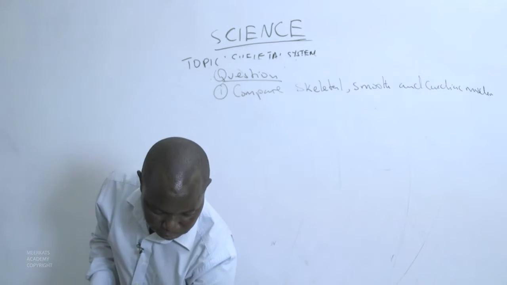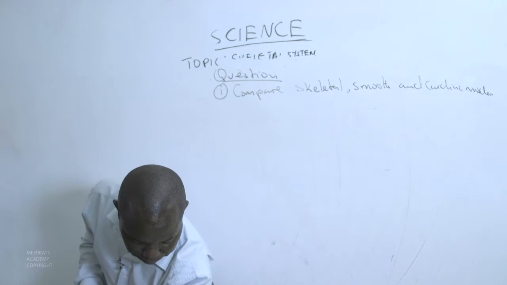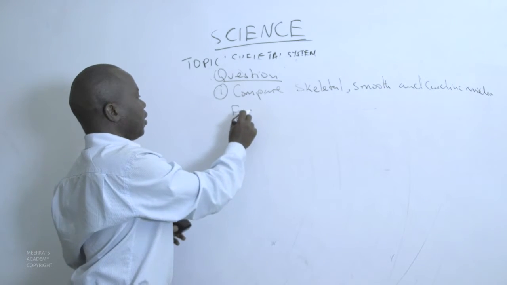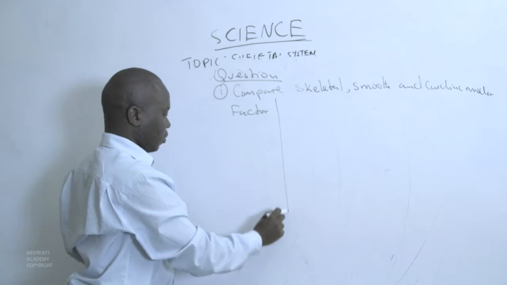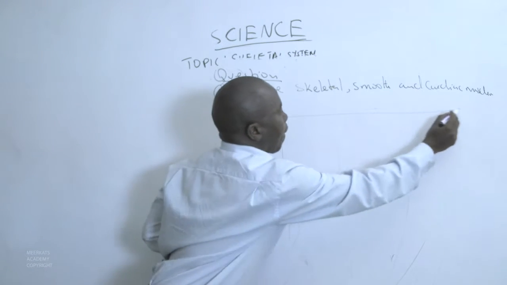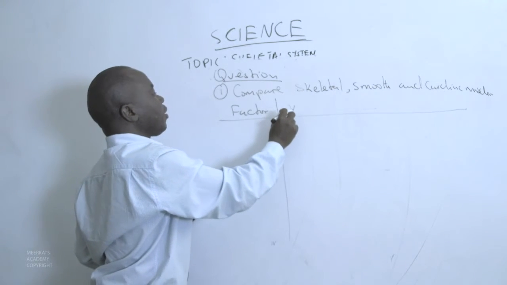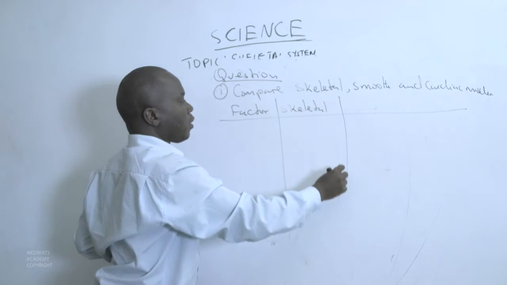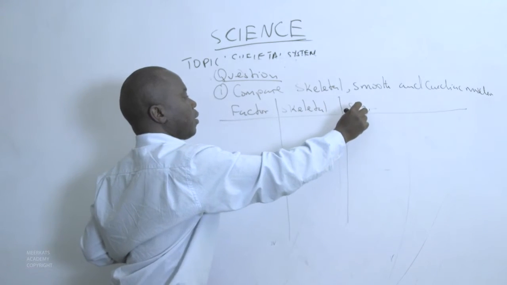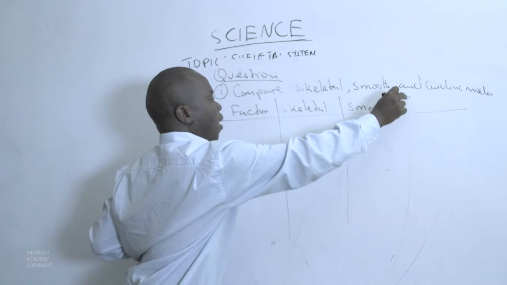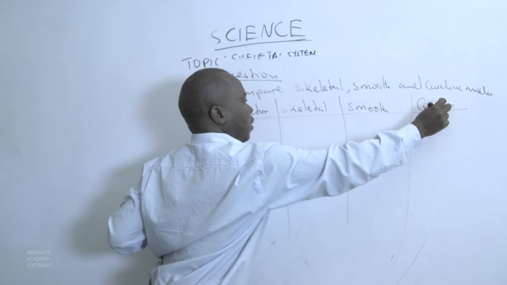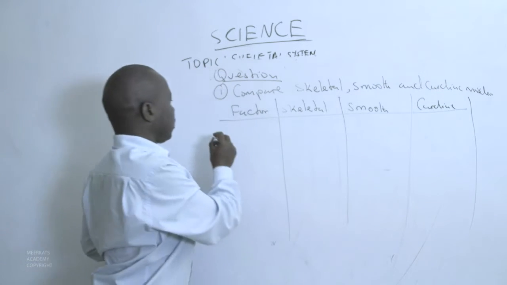We shall use a table to compare that. We shall have a factor, what we are looking at, and we have skeletal, smooth, and cardiac muscle.